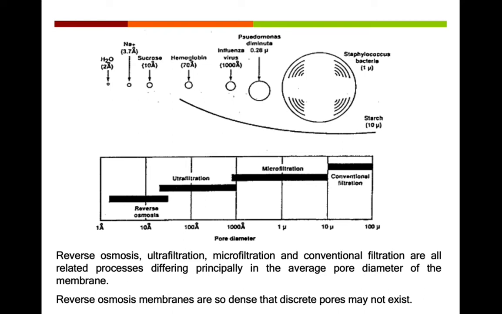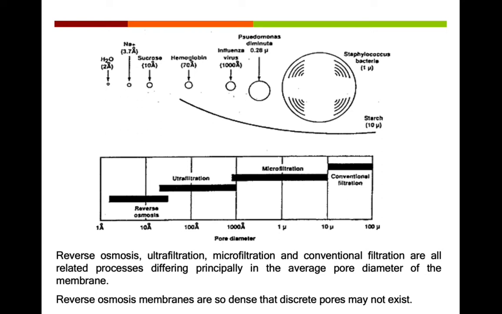For example, at the very end of your diagram here is conventional filtration. It goes around 10 micron to 100 micron pore diameter. So material sometimes much smaller, sometimes much bigger than that, you can use conventional filtration to separate.